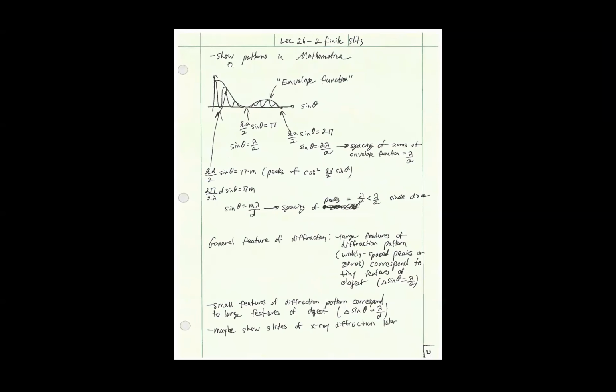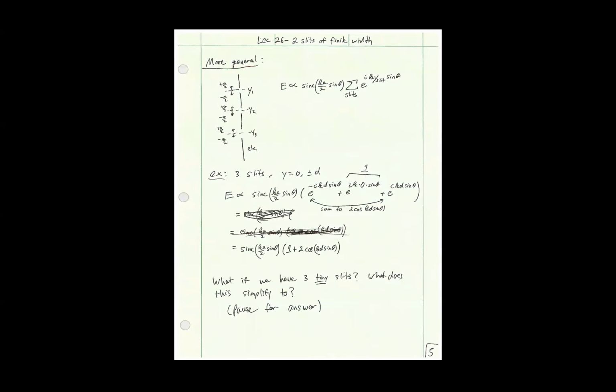Now, this larger scale feature is often called an envelope function. And we could do something more general. We could have a whole bunch of different slits. We don't need to assume that they are evenly spaced. They could be at whatever height we want. But again, each one would give a sinc function if they're all the same width.